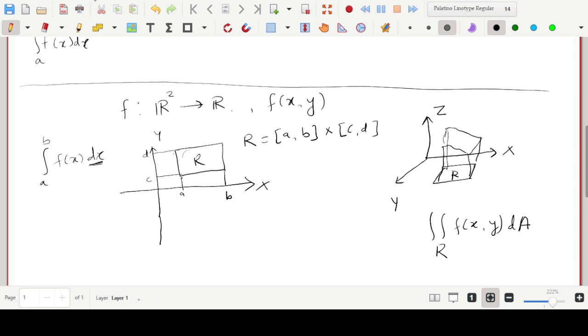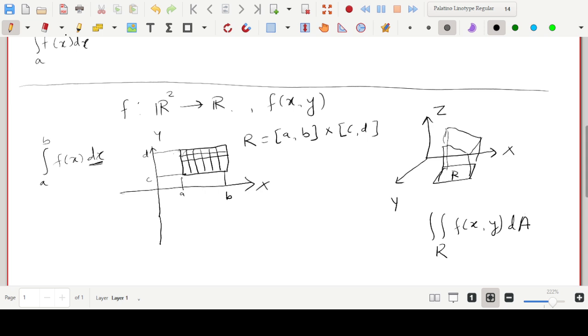In the same way as we did in case of the function of one variable, we shall divide this rectangle R into small sub-rectangles in this way.